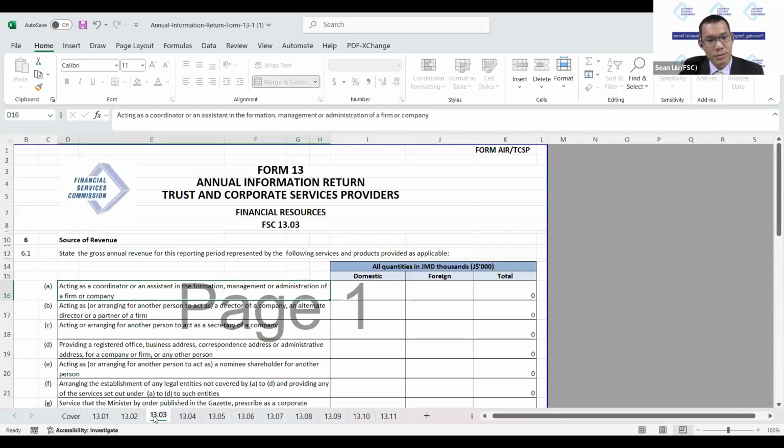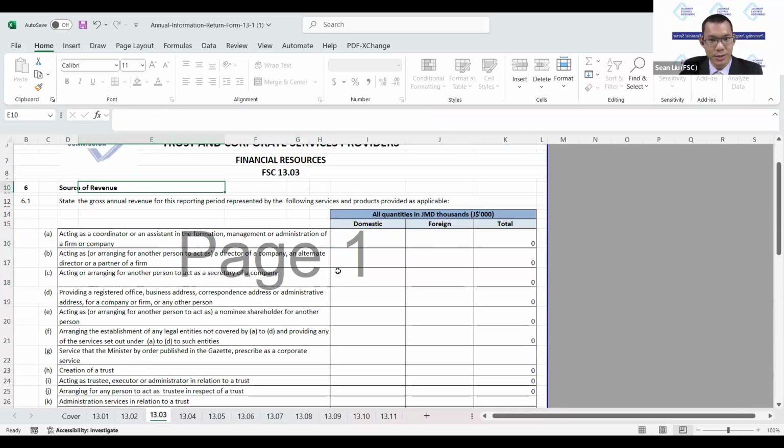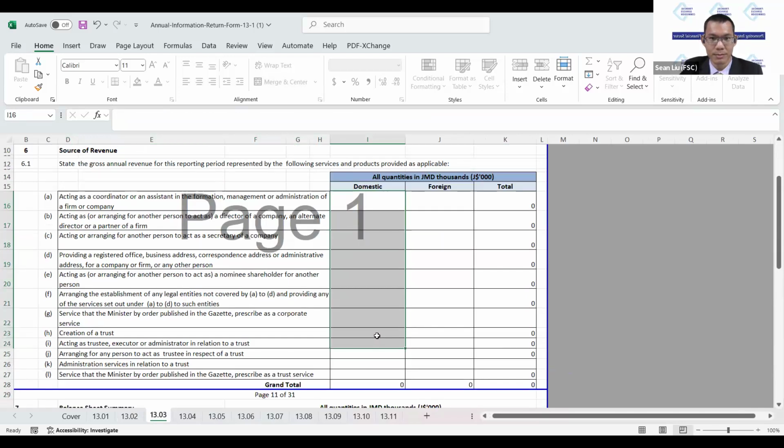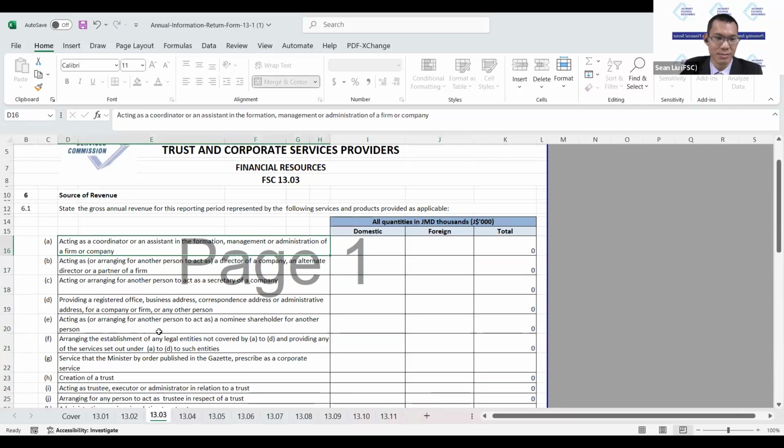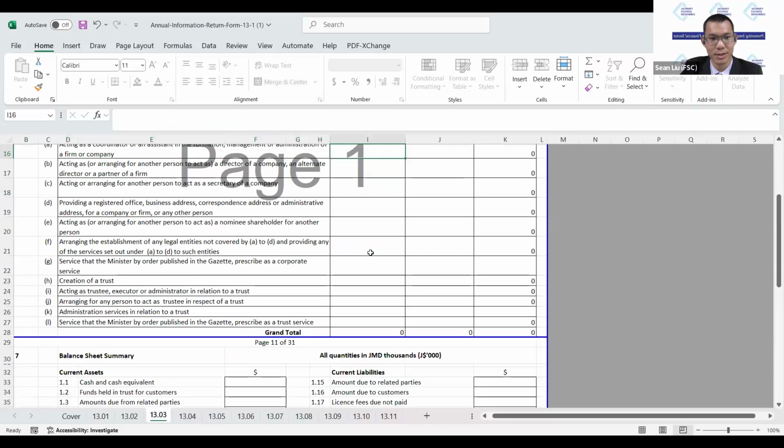Moving on to sheet 1303. So financial resources. So we will ask about the source of revenue in the sheet, broken down by domestic currency and foreign currency, by the services, kind of similar to what we asked in 1301 about your clients, just about your revenue in this sheet.